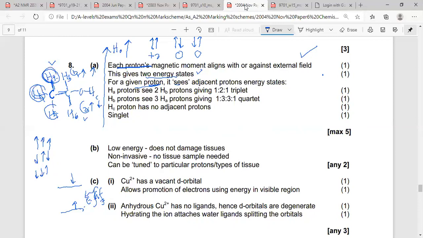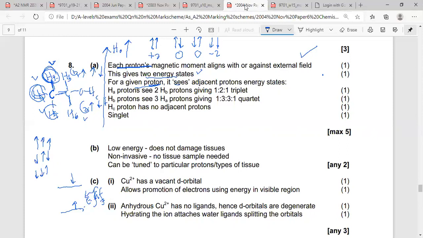So this one will not affect the magnetic field that this HA will feel. But if this one spins down and down, both will be against the field, so minus 2. That means this fellow will feel less of the external field, because it is against the field. So here, HA, I put in red color.